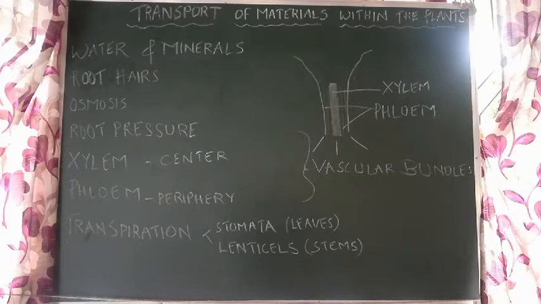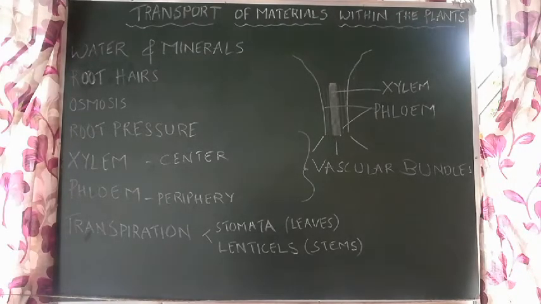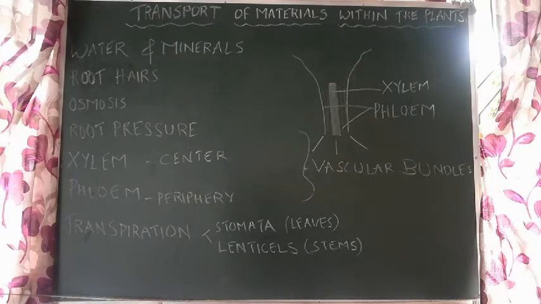So the water in the surrounding soil has entered into the plant cell through the root hairs. From those hairs it enters into the vascular bundle called xylem, which is present in the center of the plant. In the xylem, root pressure is created which moves the water upwards.